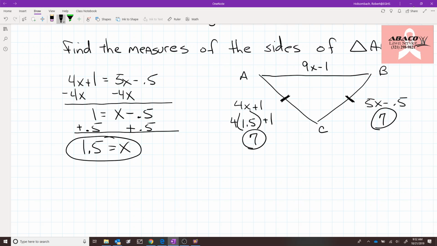And then side AB, you would take the 9 times 1.5 and subtract 1. That's 13.5 minus 1 is 12.5. So there's the three sides of your triangle.